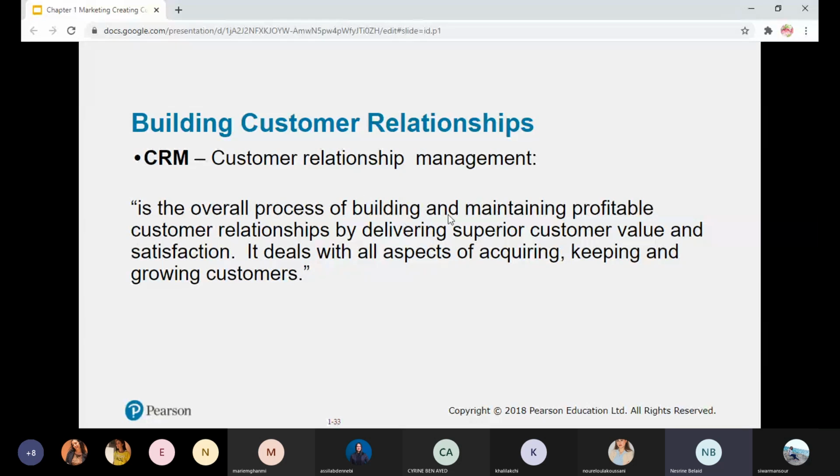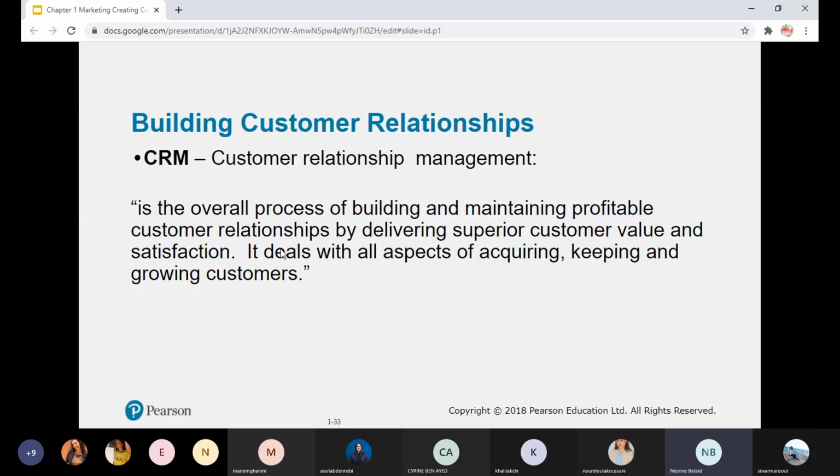I will deliver customer value, the value proposition we talked about in the other slides, and we provide them with satisfaction. If a customer is satisfied, there will be a specific relationship that will be built with this customer.